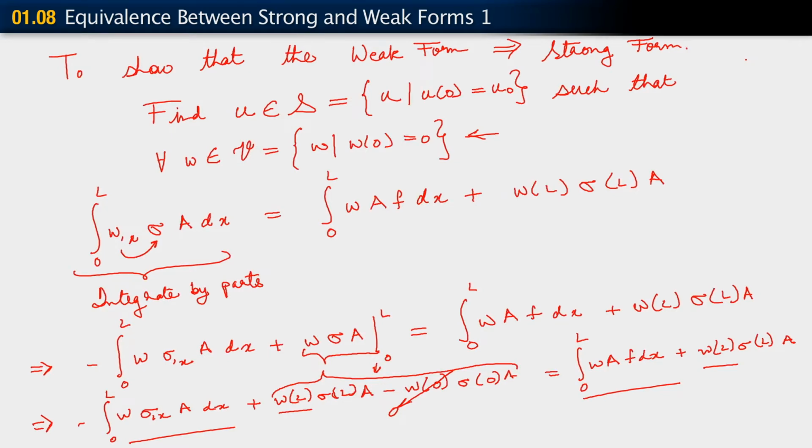I noticed that when I wrote this weak form, I actually jumped ahead of myself by writing something that I ought to have done a little differently. The sigma at L in the weak form actually appears as t, right?